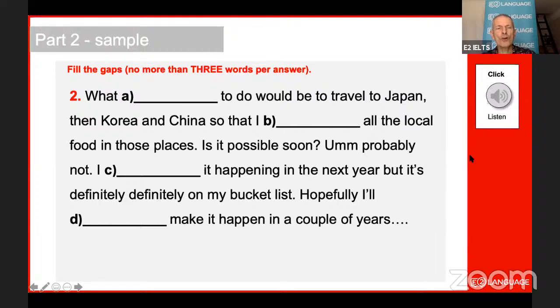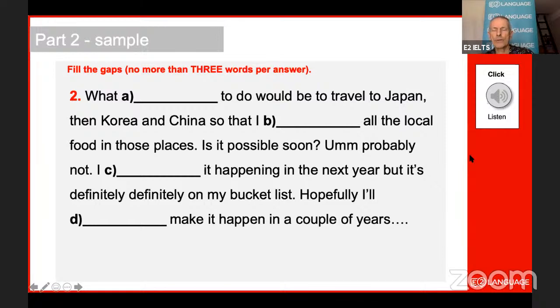So that I would try all the local food? That sounds possible. So I can try, that might be better, yeah. I can taste, yeah, good. What about C?